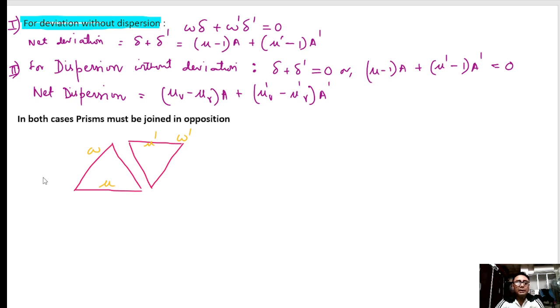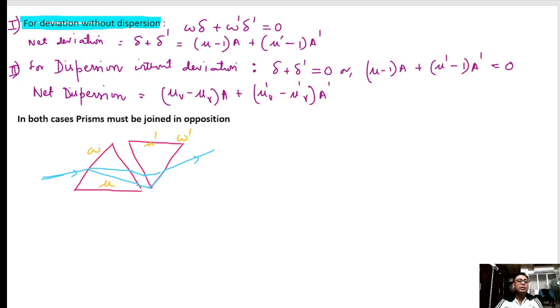That means if this is the light, it will split up into the 7 colors. Again it will fall here, and the light will come out like this. So see, there is no deviation. The light is actually going in its own direction.